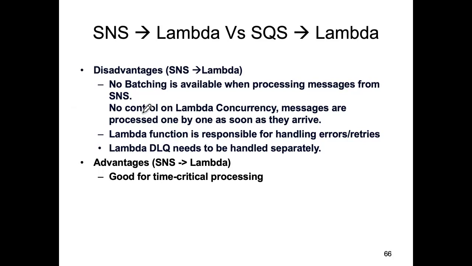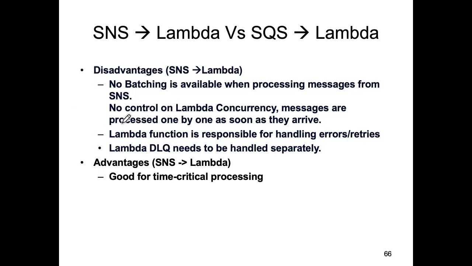It has to actually take care of dealing with those scenarios. Whereas when SQS is involved, it takes care of it for us, as long as we've configured a DLQ. Now, I know I did say a couple of slides back that you can associate a DLQ with SNS, but it's more the responsibility of the Lambda side than of the SNS side. And I'll show you how to do that in a moment.